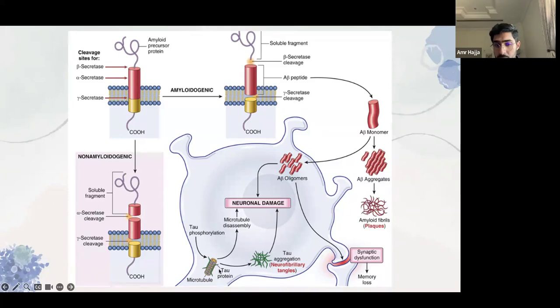Because whenever they are removed, they will tend to aggregate together, which would result in the formation of neurofibrillary tangles. So now we had two main things. The thing that's happening extracellularly, which is the formation of senile amyloid beta plaques, and what's happening intracellularly, which is hyperphosphorylation of tau protein and the formation of neurofibrillary tangles.